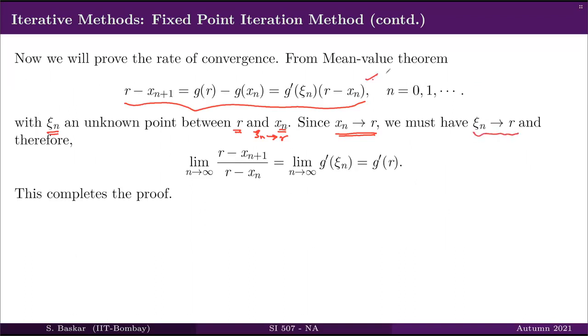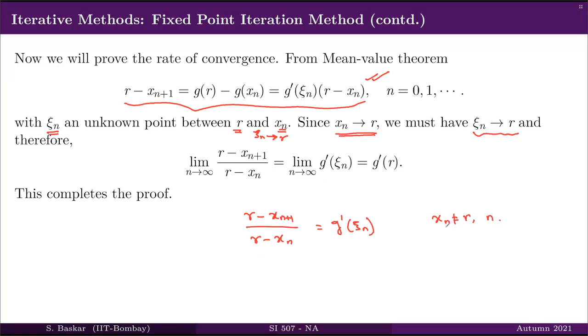Now we will use this result in this equation. Before that, we will write the equation r minus xn plus 1 divided by r minus xn is equal to g dash of xi n. Remember, when you bring r minus xn to the other side, you have to assume that xn is not equal to r for all n sufficiently large, right?